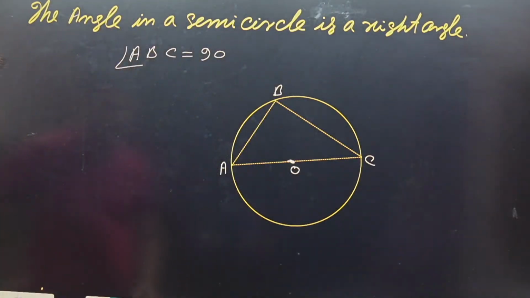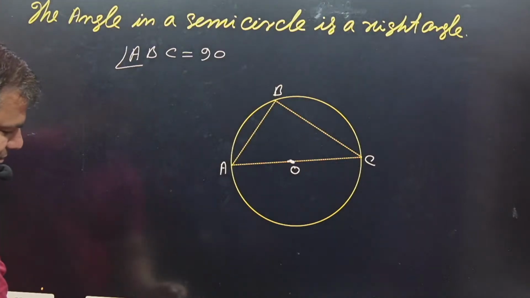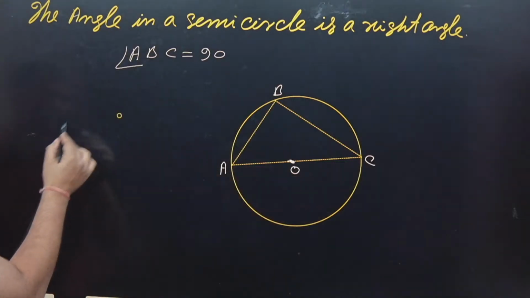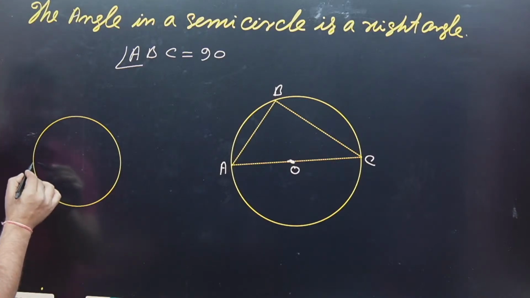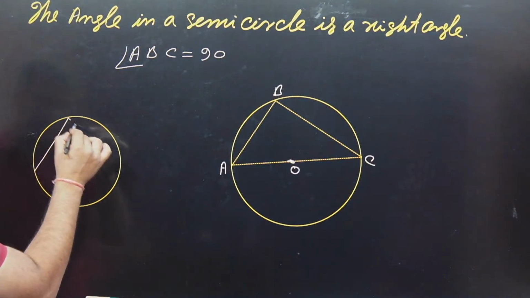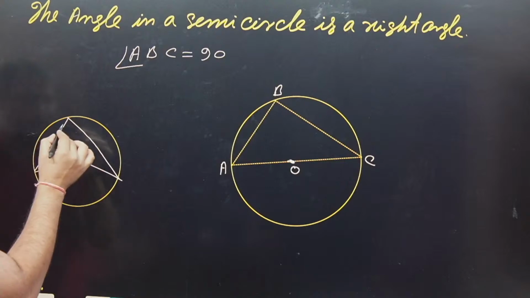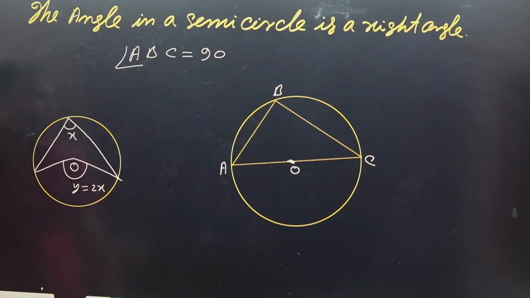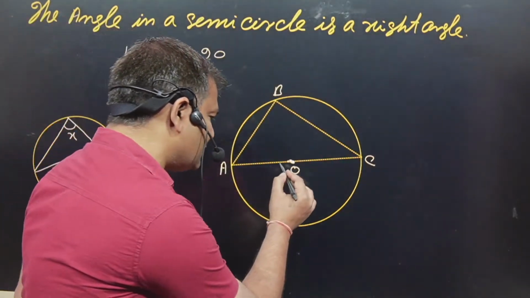In the last class, I already discussed that if this is a circle and that one is O, and this angle is X, then that angle Y is equal to 2X. Clear or not?